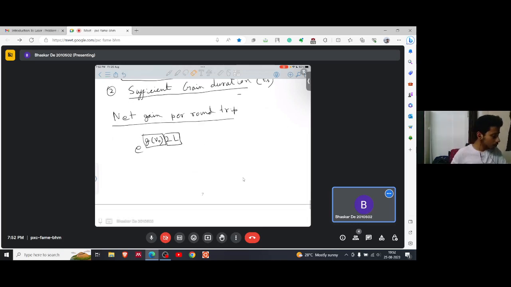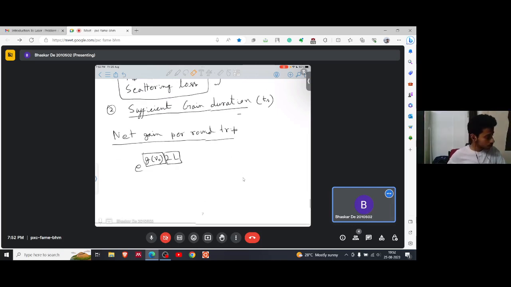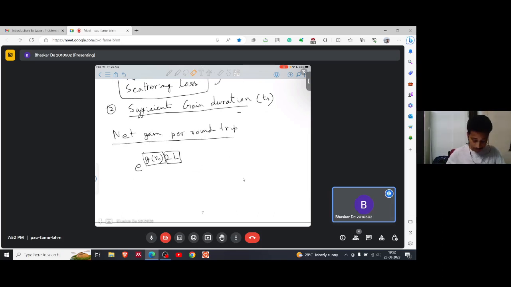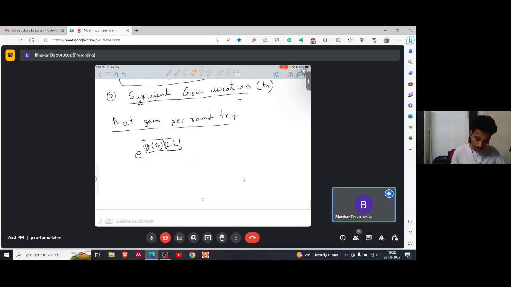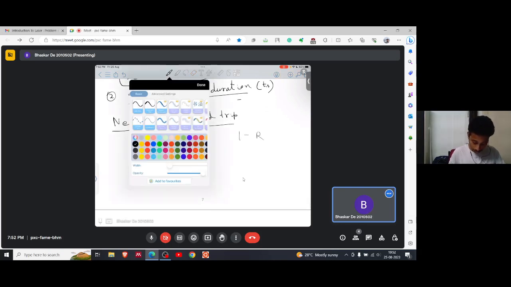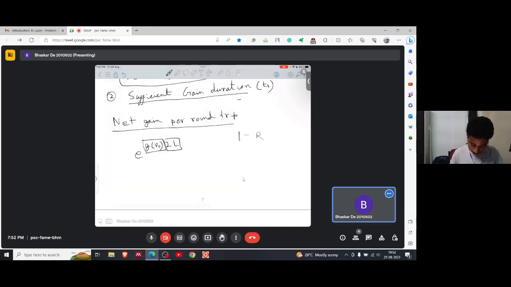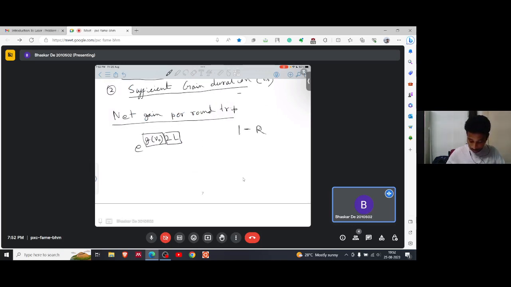Okay. So now for a round trip through the amplifier, it will also experience a loss. So let's include that the loss at each mirror is 1 minus r. So basically this is the mirror.